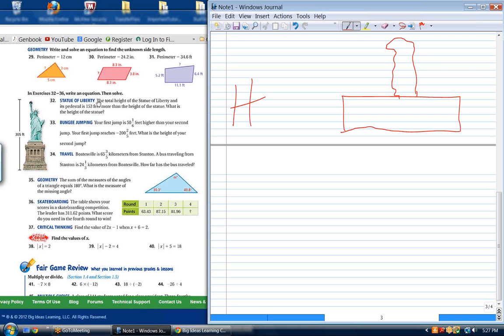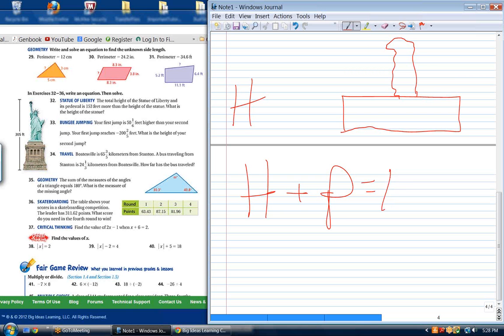So now let's go through this sentence and write an equation based on this. The height of the Statue of Liberty, h, and its pedestal is what? The height of the statue. Right, no. 153 feet more than the height of the statue.